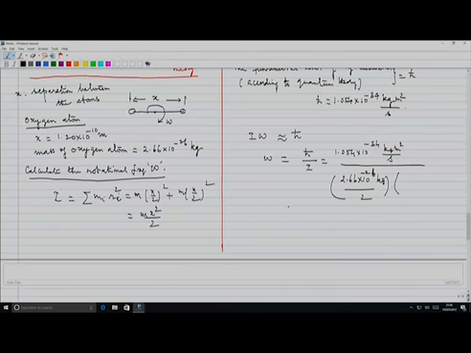X square is the square of the atomic separation, that is 1.20 into 10 to the power of minus 10 meters. You can do this simplification and its value is about 5.2 into 10 to the power of 11 radian per second.